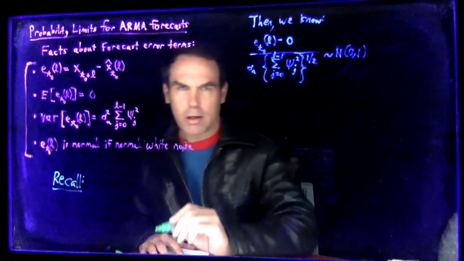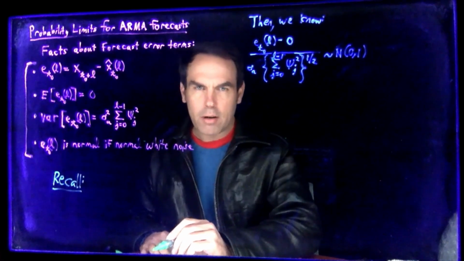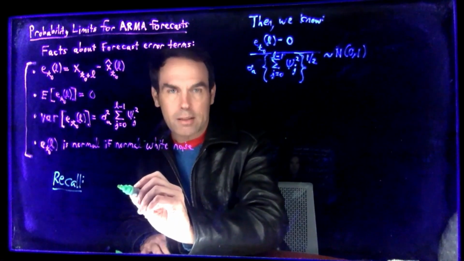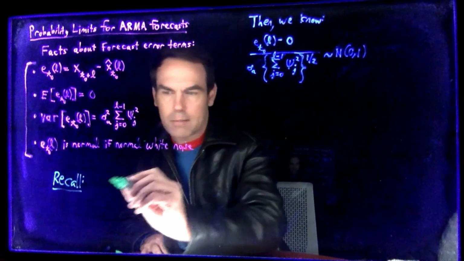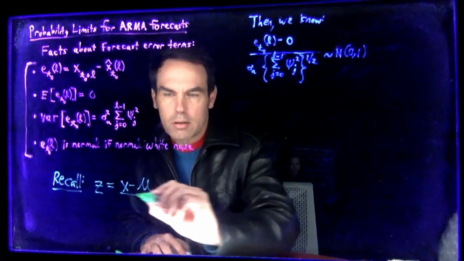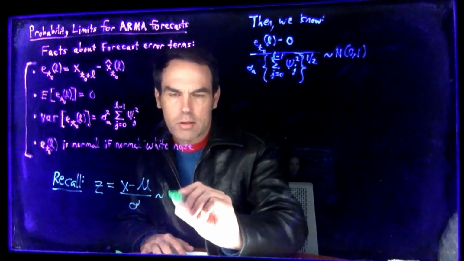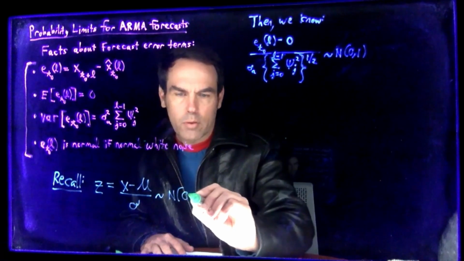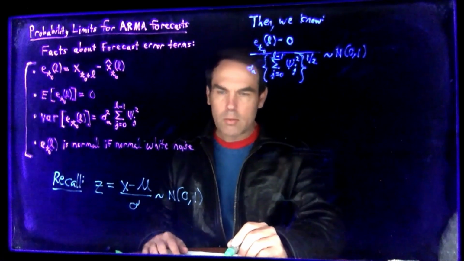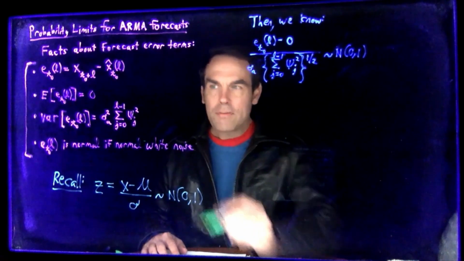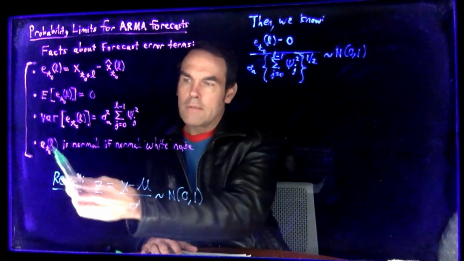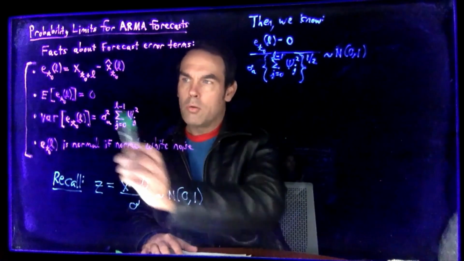It came up earlier in the book, and it's very likely come up very early on in your statistics training. Remember that if the random variable x is normal with mean mu and standard deviation sigma, we know that z equals x minus mu divided by sigma is distributed normally with a mean of 0 and a standard deviation 1, variance 1 as well. Well, we have the same thing going on here because we know that e of T naught of L is normal. We know the mean.